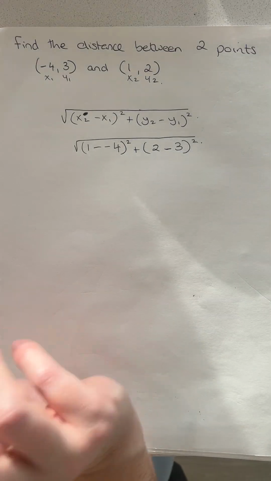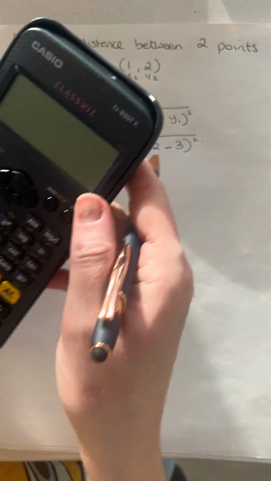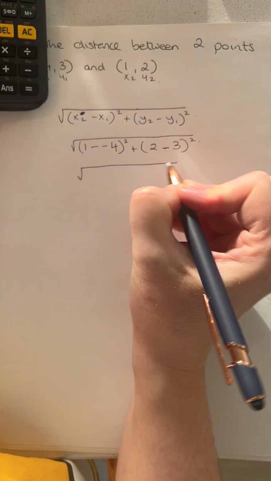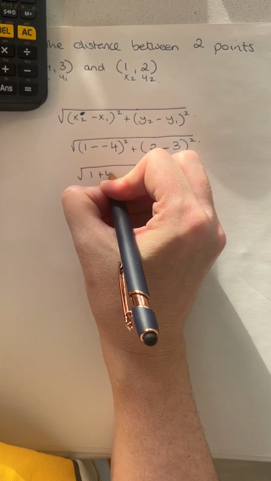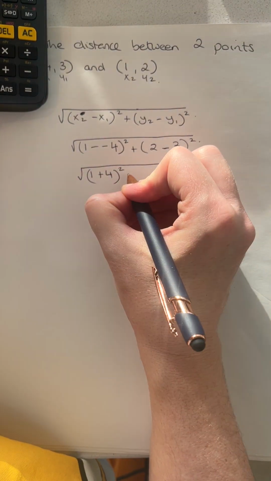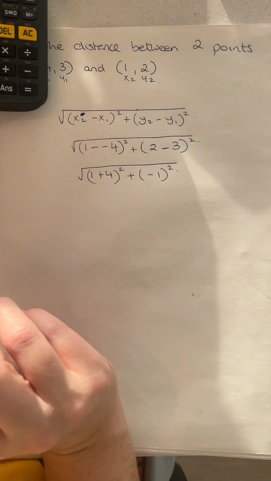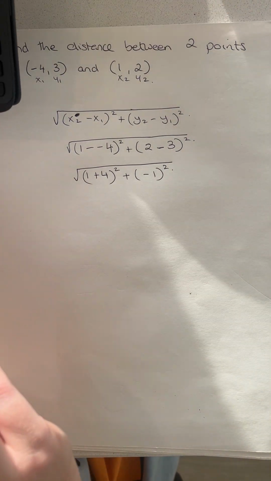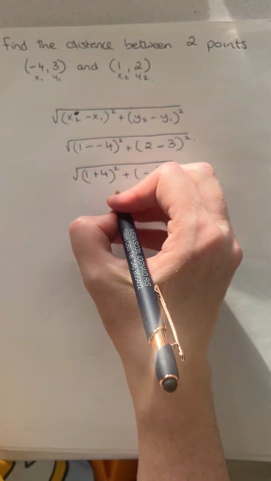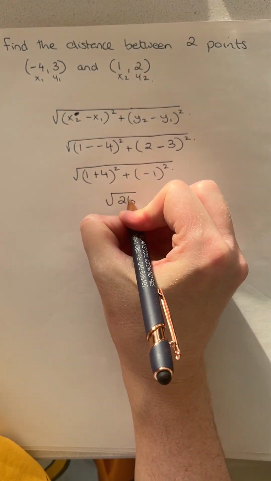Now, I would just usually throw this directly into the calculator, or maybe you want to do a little bit of working out. Doesn't matter, just take your time and make sure that you're filling it into the calculator correctly. And when you throw it into the calculator, you would get root 26.